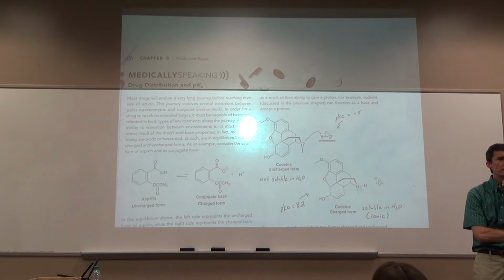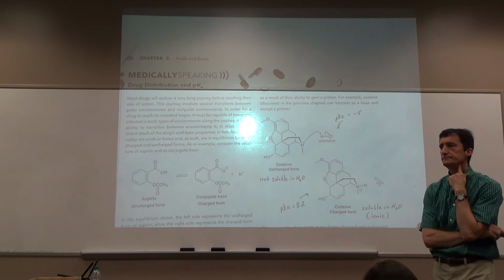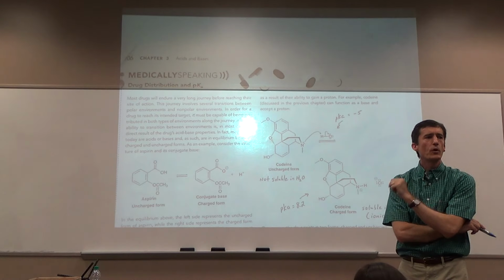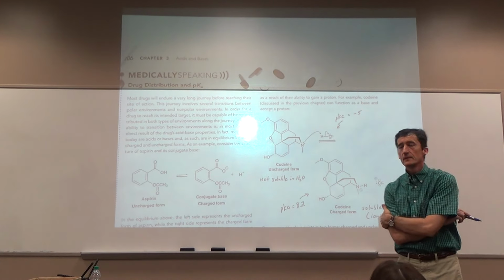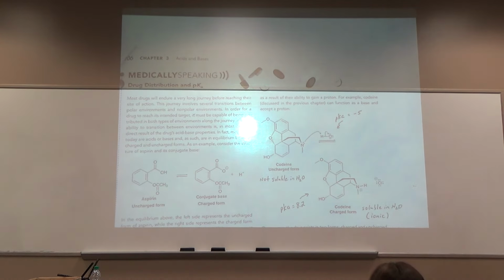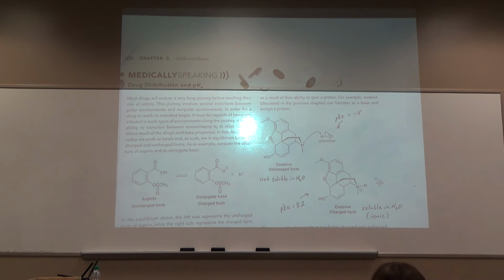How will codeine exist at pH of 7? Which form? The A form or the B form? Both forms are shown, right? Which form will predominate at pH of 7? Anybody have it?